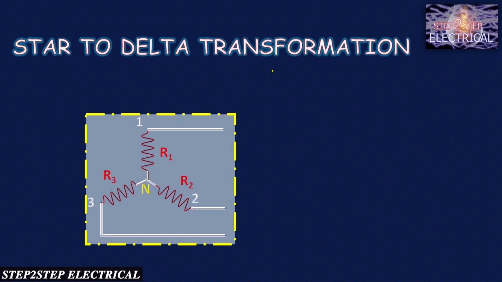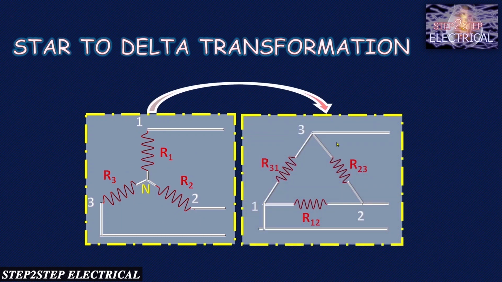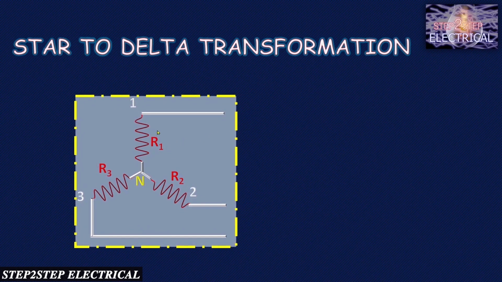Here in star to delta transformation, the given circuit is in star. Now we have to convert it into delta. So how to find the delta equivalent of a star? Since the given circuit is in star, let's imagine that we have a delta with resistors arranged as R12, R23 and R31.